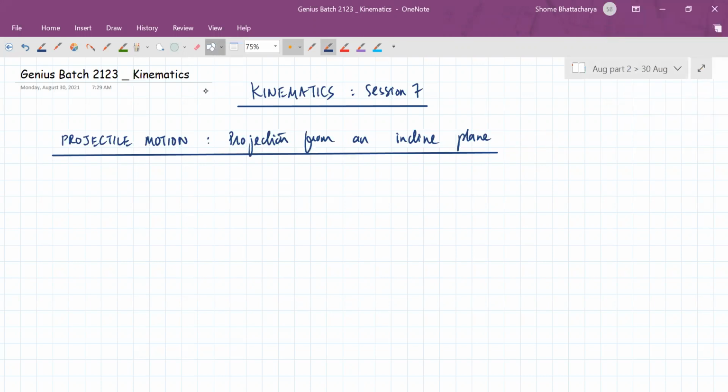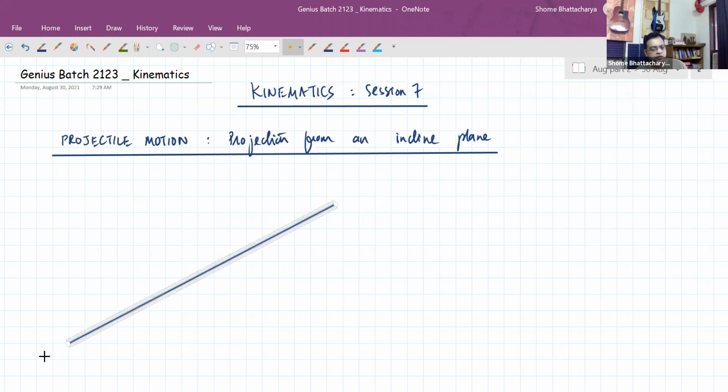So let's, for example, take a situation where we have an inclined plane which is at an angle, let's say alpha, with respect to the horizontal.